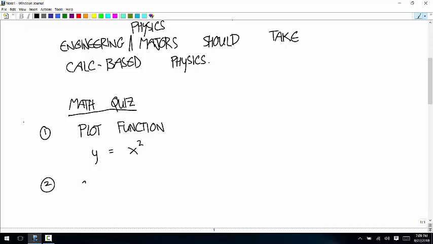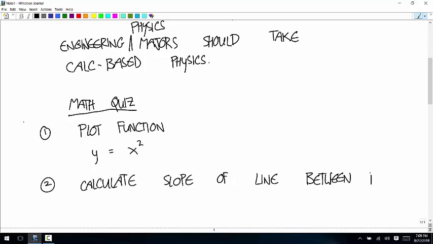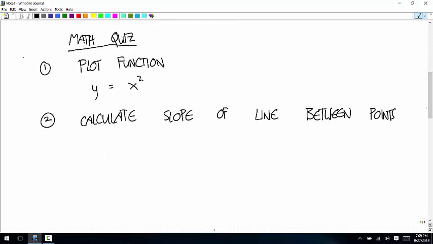The second one, calculate the slope of the line between the points 1, 2, and 4, 3.